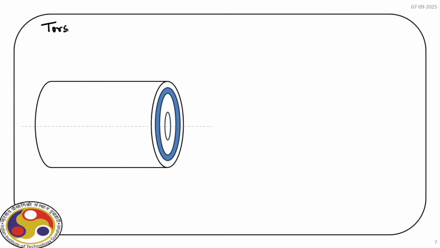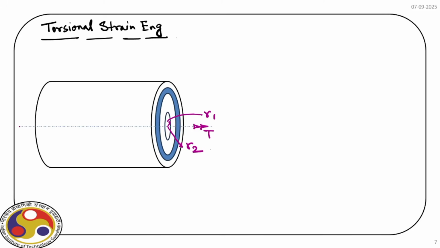Torsional strain energy. As you can see, we have a shaft whose inner radius is R1 and outer radius is R2, and we apply a torque, say T, here. Obviously, at this end we also apply the same T. Now for this problem, let us first define strain energy density, which is small u.